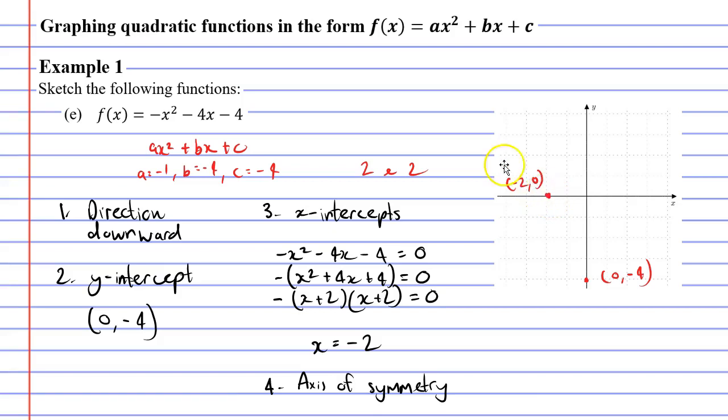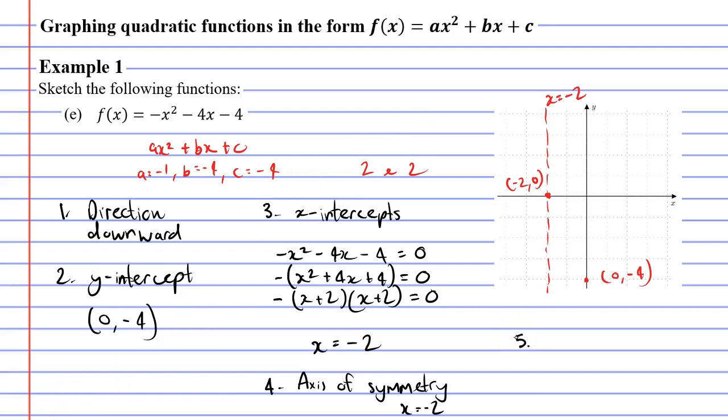What do you do in this scenario? Well, when there's only one x-intercept, the axis of symmetry actually goes over this point. So the axis of symmetry has the equation x equals -2. This is because the axis of symmetry goes over the x-intercept.